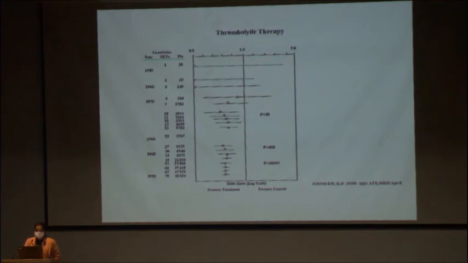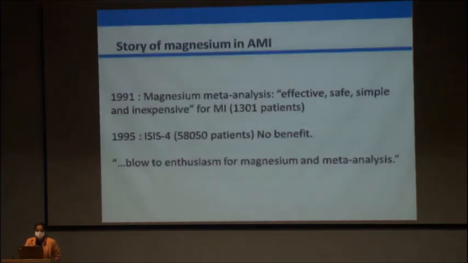However, the story of magnesium is very, very different. In 1991, there was a meta-analysis of 1,300 patients, and what they said about magnesium was it's an effective, safe, simple, and inexpensive therapy for myocardial infarction.